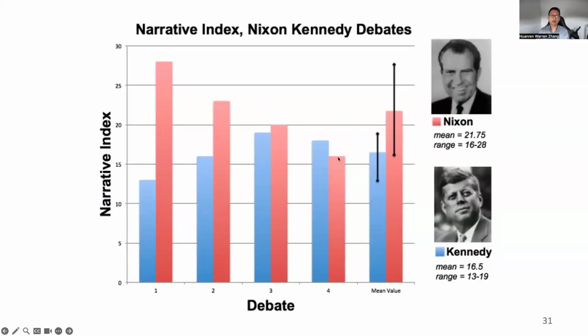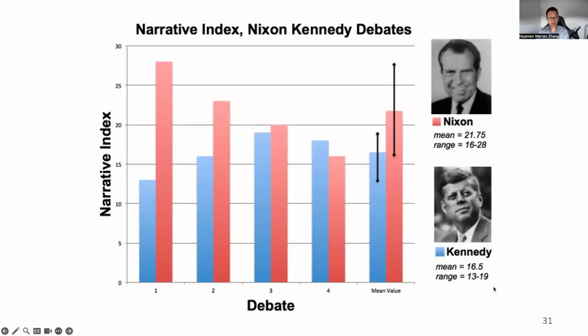Here, if we compare these two candidates, Richard Nixon and John F. Kennedy, and look at the corresponding narrative index, we would predict that Nixon would be slightly more persuasive compared to Kennedy.